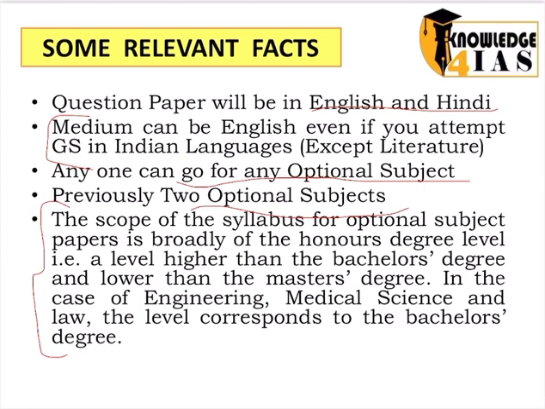In fact, if you see the experience of past year papers, then you will find that many question papers in optional paper touch even the level of, we can say, PhD research, and that is why optional paper is quite deep in terms of depth of syllabus.